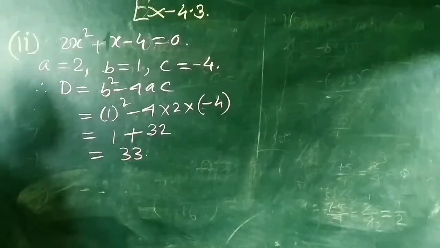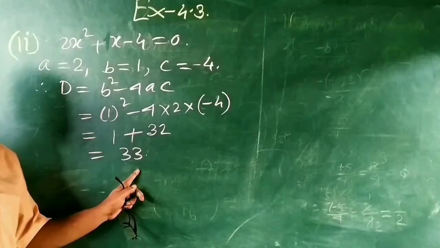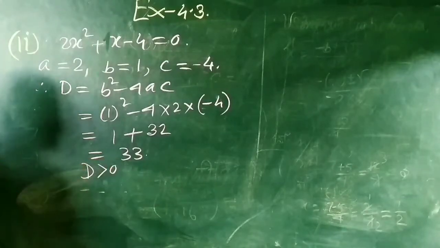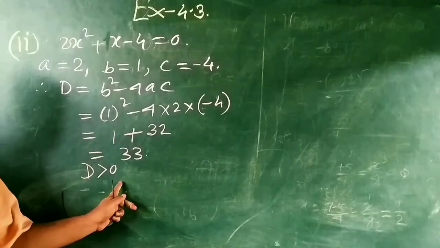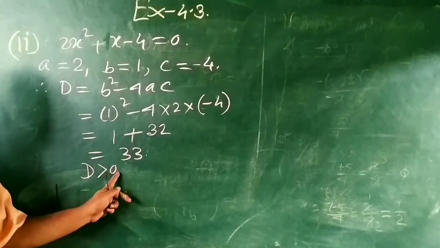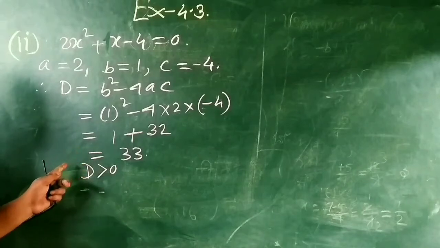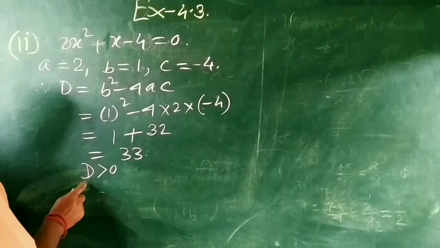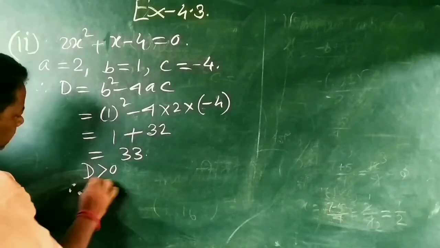So here also we find the value of D is positive, not negative. So it is called discriminant greater than 0. D greater than 0 means the values are positive. But less than 0 means all are negative, like minus 1, minus 2, all these are less than 0. Since the discriminant is greater than 0, therefore the roots are real.